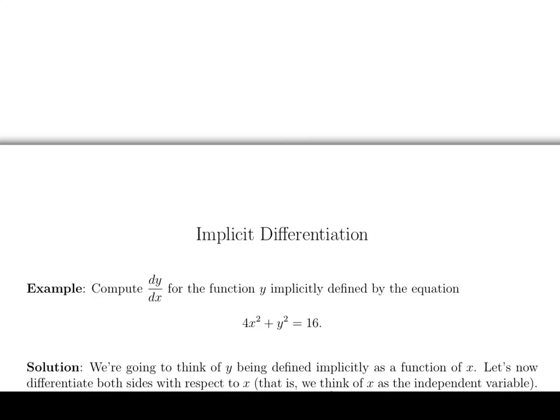So the method of implicit differentiation is that we're going to differentiate both sides with respect to x. Let's say a little bit about what this phrase means, with respect to x. All we really want to think about is that it means that x is the independent variable and y is the dependent variable.